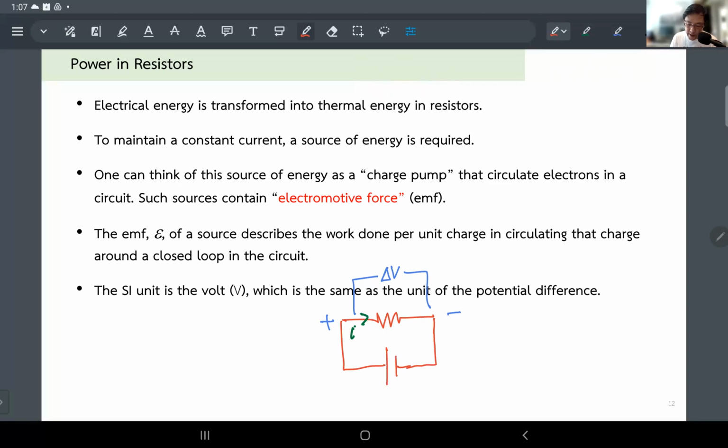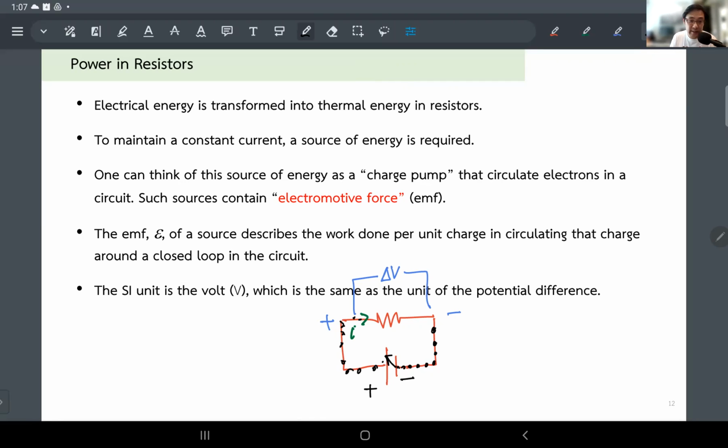So when you have a battery, one side is negative, one is positive. The ability of this one is that once the charge that has a low potential hits this, it pumps it up into a higher potential again, so it can flow and have the ability to get through that resistance one more time.